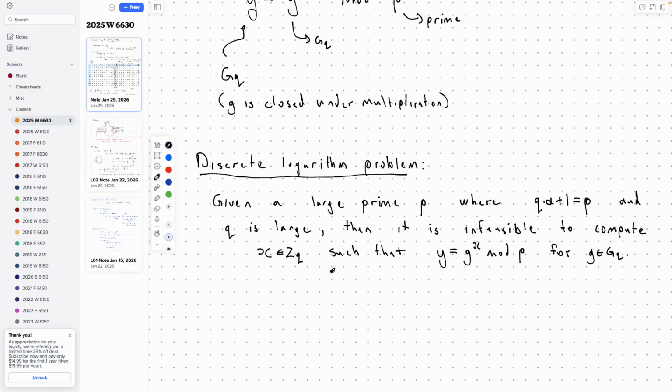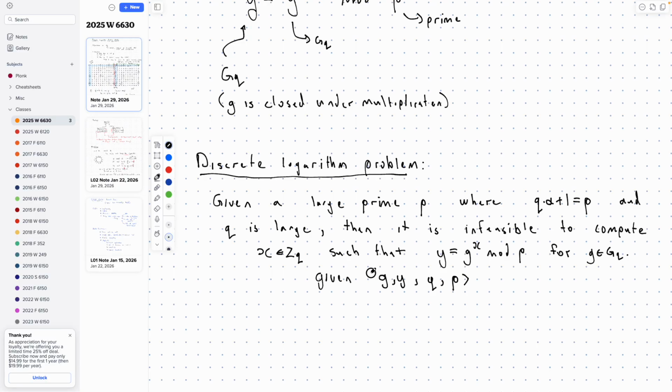So it's sort of saying what we drew out, but putting it in a sentence. I'll just add what you're given. You're given G, you're given Y, you're given Q if you need it, and you're given P.